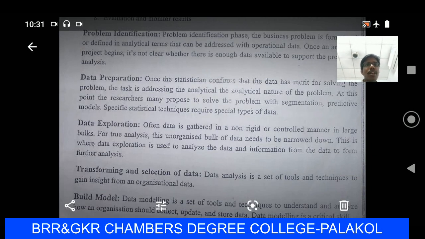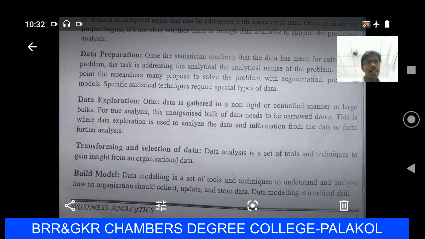This is where data exploration is used, to analyze the data and extract information for further analysis.